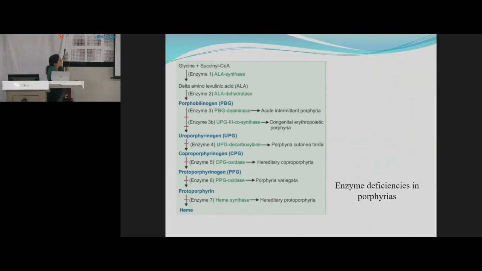Whereas all the porphyrias are hepatic porphyrias except congenital erythropoietic and hereditary protoporphyria, which are erythropoietic porphyrias. Rest will be hepatic porphyrias except these two. So these are the porphyrias.